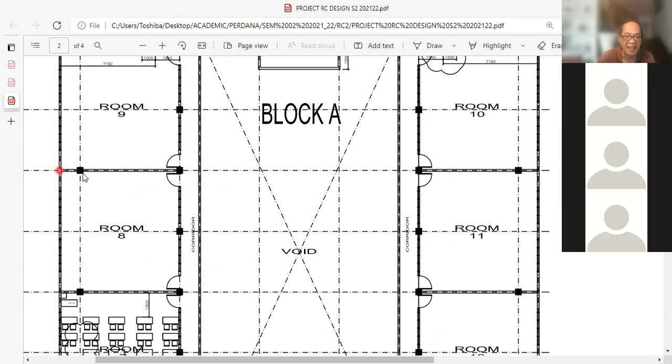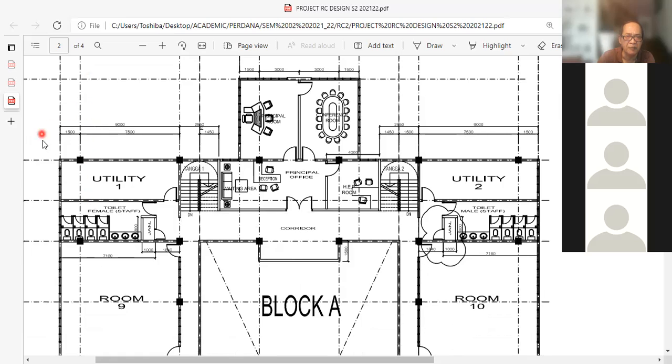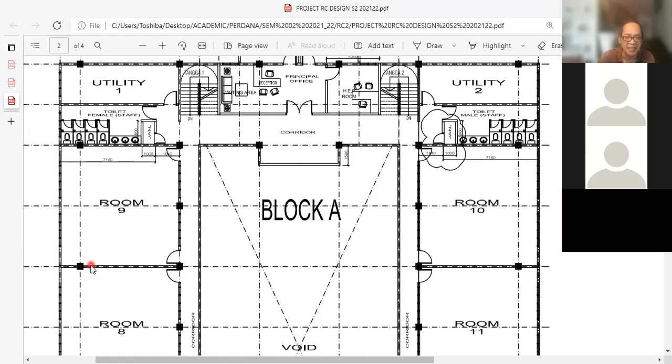It's not right at the end, but somewhere about 1.5 meters, if I'm not mistaken, into the building. So this indicates that this part of the column or this part of the beam is a cantilever beam. Meaning, what I mean is something like this.